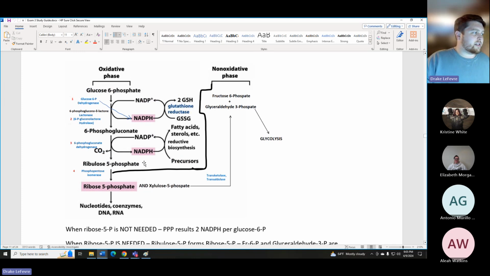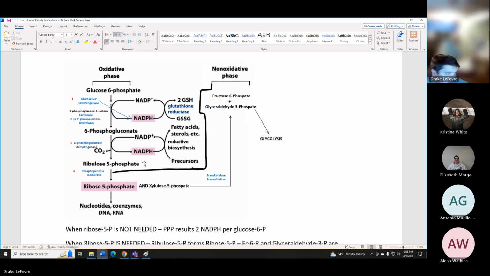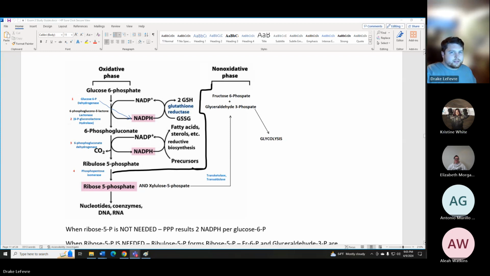Ribulose 5-phosphate, is that a ketone or an aldehyde? I'm guessing aldehyde. 50-50? You got it wrong, but that's okay.